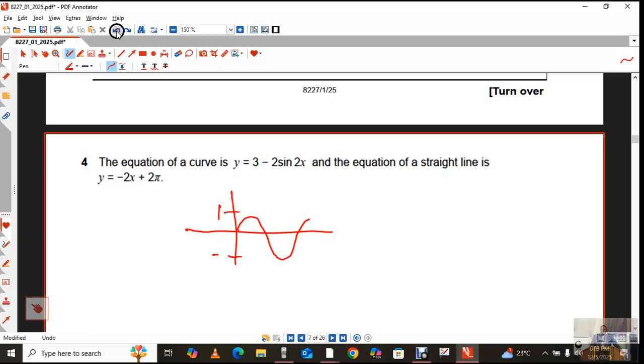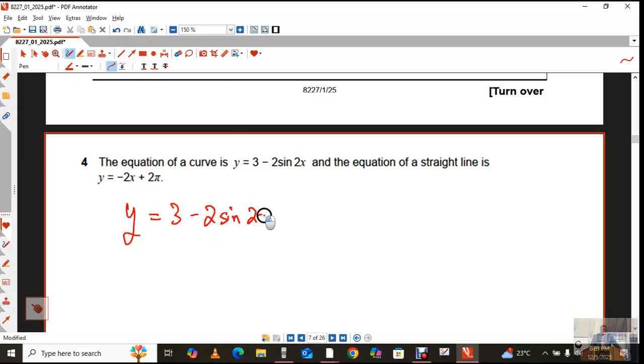Okay, now, what I'm looking into is, if that is the case, I'm going to do a few things with this function. So take y equals 3 minus 2 sine 2x. Because I told you it oscillates between something, let's see where it will cut the y-axis, because a normal sine curve starts at 0, but this is not going to be the case.